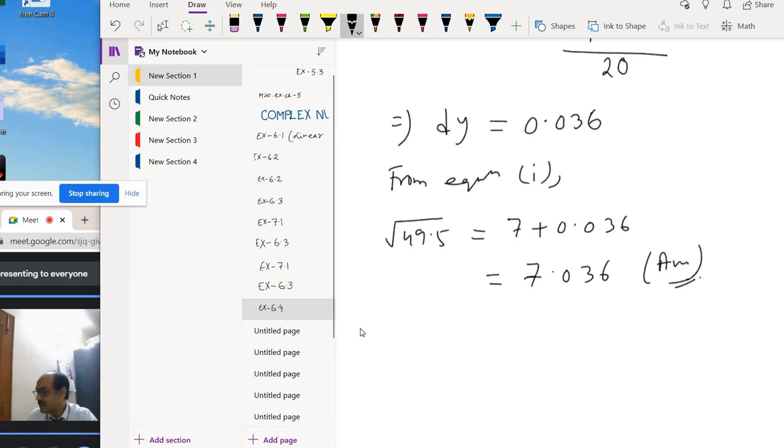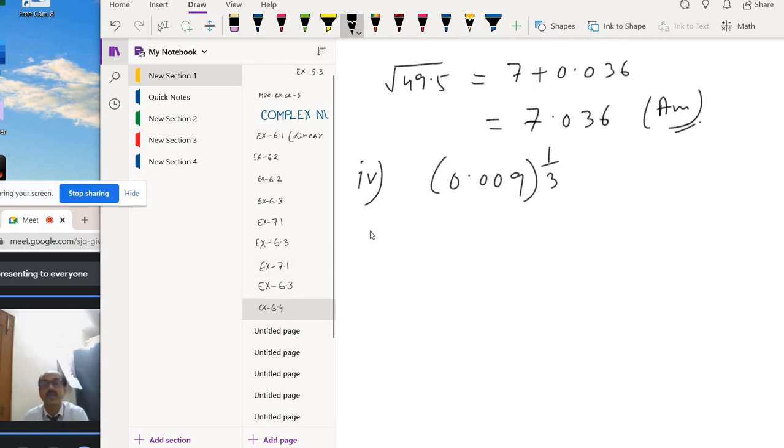Then next, question number 4, a different type. The question is 0.009 to the power 1/3.